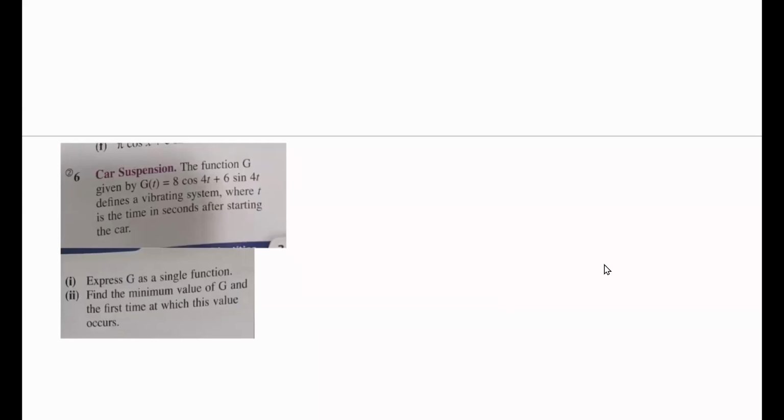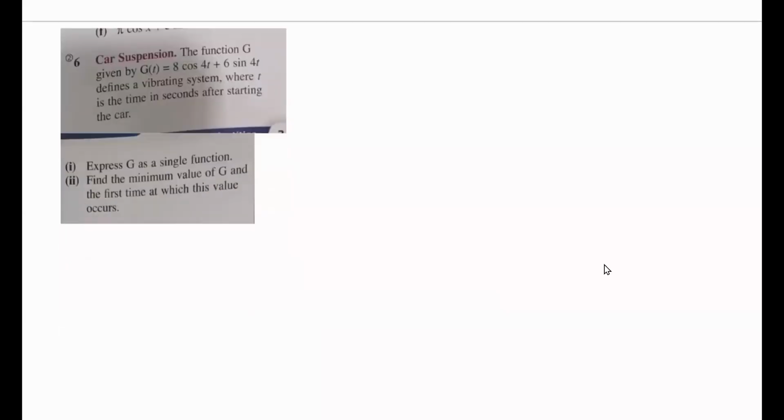Okay, let's go. So car suspension function g is given by the following: g(t) equals 8 cos 4t plus 6 sin 4t, where t is the time in seconds after starting the car. Part 1, express g as a single function.